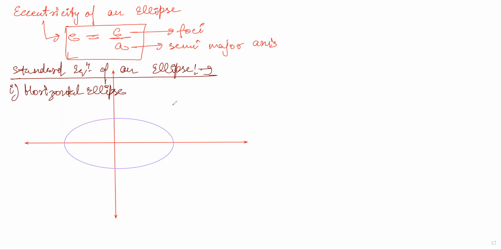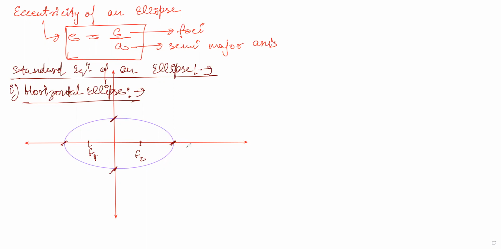Everything will be the same for a vertical ellipse, just x and y will get interchanged. I will explain how. First let's understand the horizontal ellipse. In a horizontal ellipse we know which points are important. There is the center, but the center is not of much use. The important points are the focus F1 and let's say this is F2. This is the second focus. These points are important, semi-major axis and semi-minor axis.